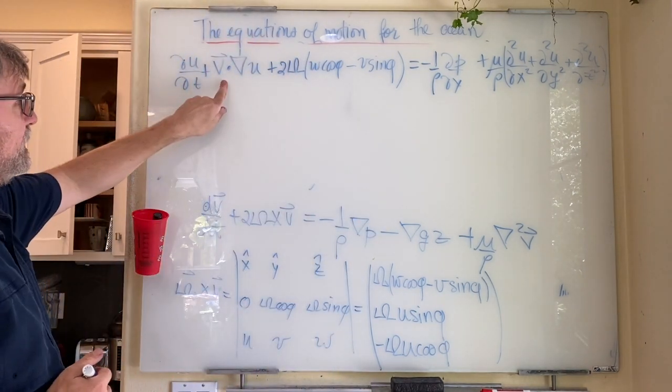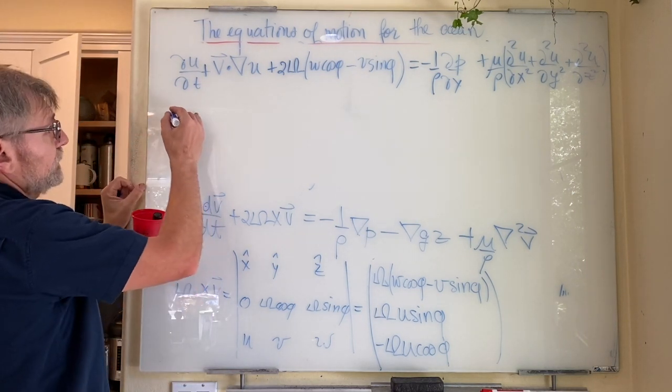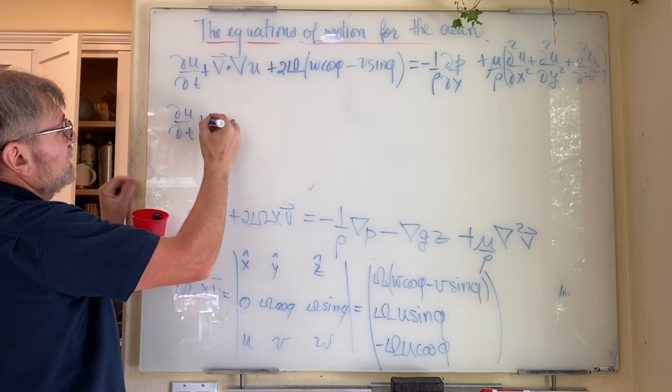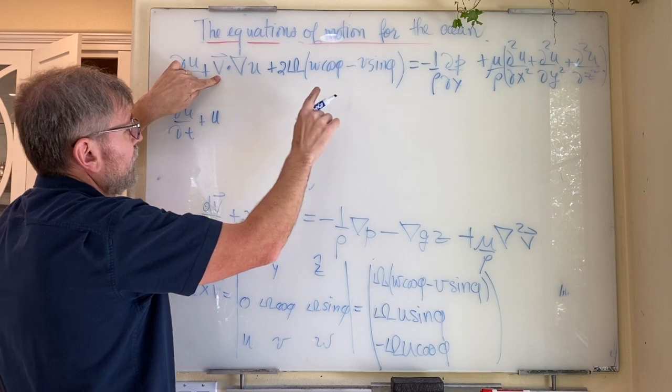And this one, v dot grad u, I can expand this one also. So it's going to be, one more time, du dt plus, so v is u, and grad u is du dx, du dy, du dz.